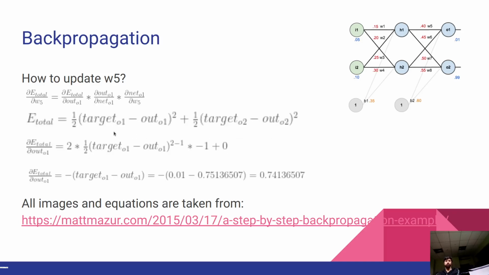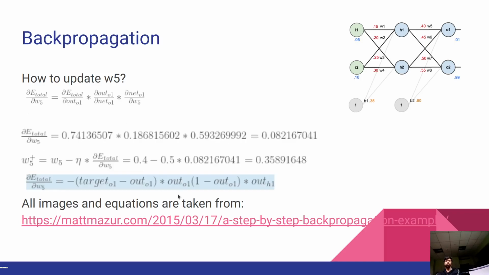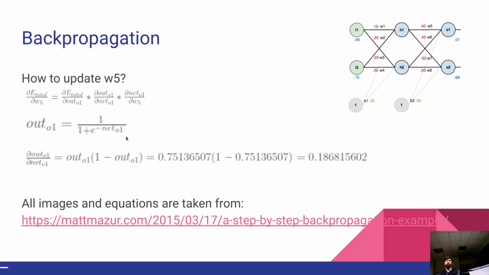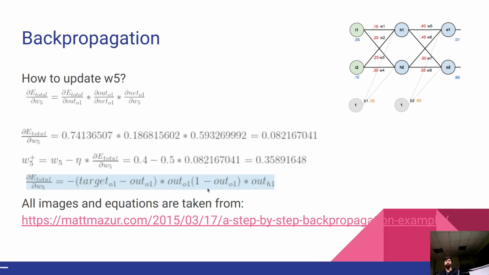E total with respect to out O1 is minus target O1 minus out O1. Then this value is out O1 into 1 minus out O1. We are putting that here.